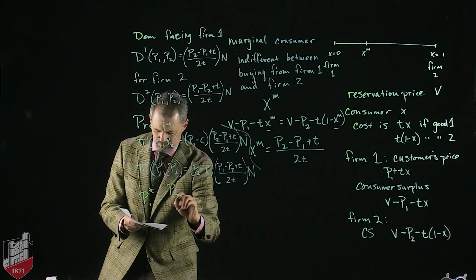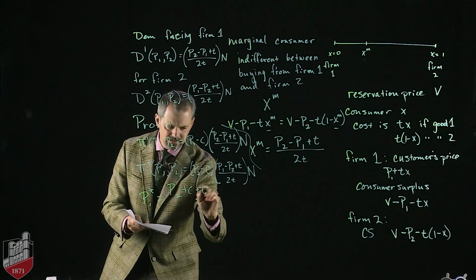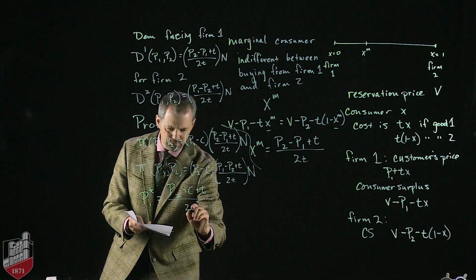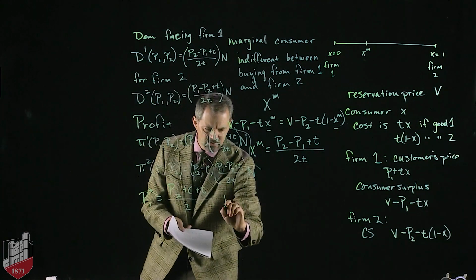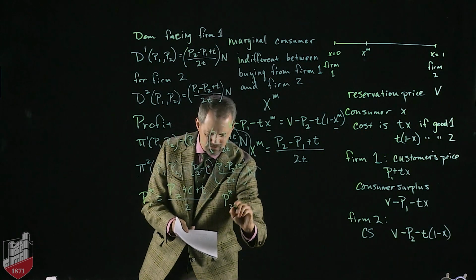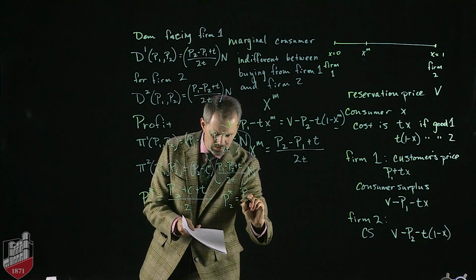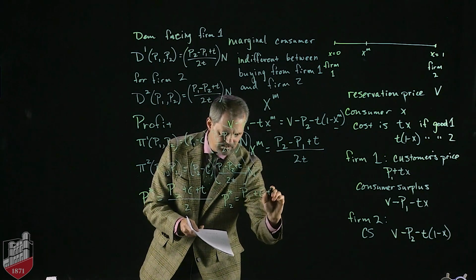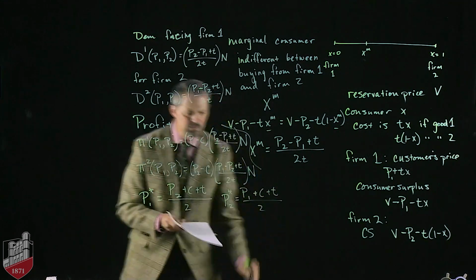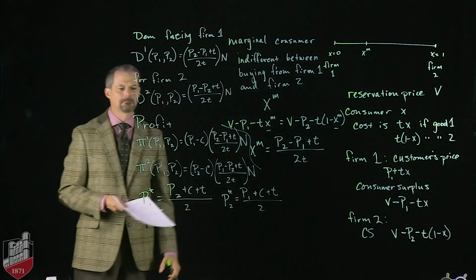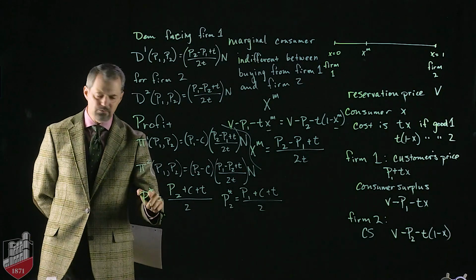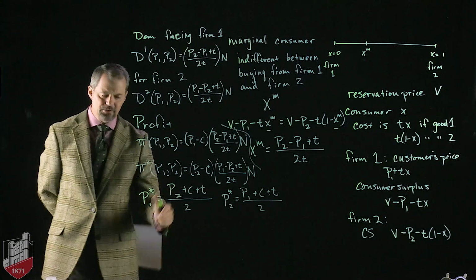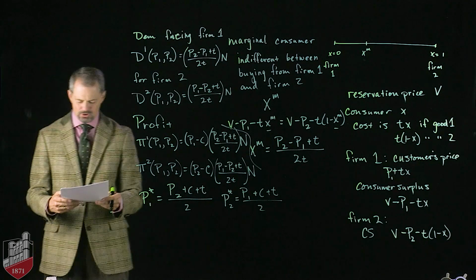It's P2 plus C plus T divided by 2. That's firm 1's best response function. Firm 2's best response function is going to be P1 plus C plus T divided by 2. They're symmetrical, obviously. Each firm's optimal choice of price depends upon the other firm's price.